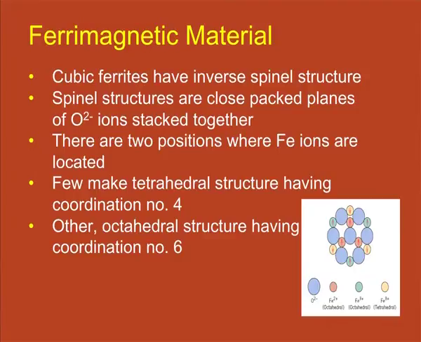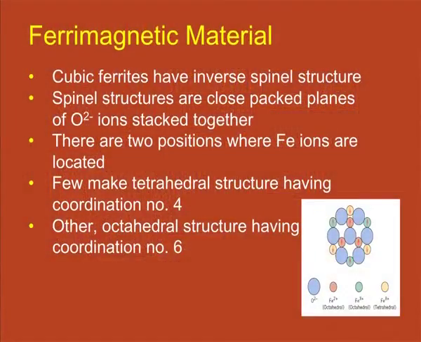Now, if we look at the picture in this slide, we can see the arrangement of ions in the lattice of the magnetite. Here you can see the cubic ferrites have inverse spinel structure. The spinel structures are close packed structures of O2- ions stacked together, and there are two positions where Fe ions are located.